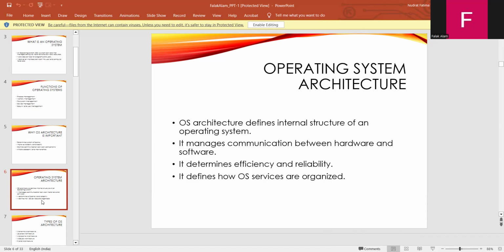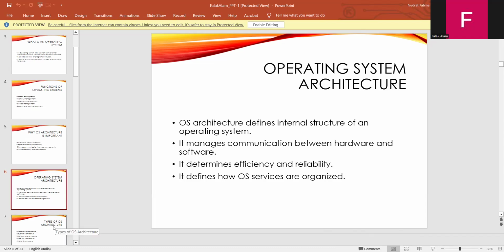As I said, it defines the internal structure of the operating system, how the operating system is internally structured and how the communication between software and hardware is done. Also, it defines efficiency, reliability, and flexibility.